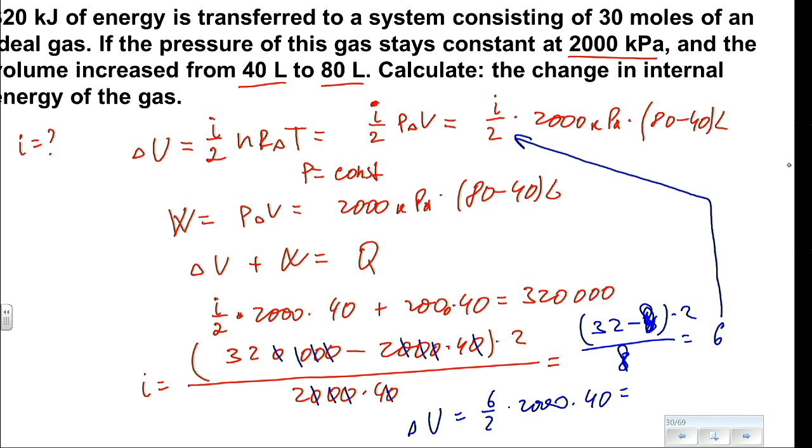I can't do it in my head. 2 and 2 cancel, 6 times 4, 24, and 4 more zeros, joules. Here is a common place when people stop doing anything. They write it and they say, we have no idea what kind of gas that is, so we cannot solve it. Sometimes we can. We just have to believe and follow the path.